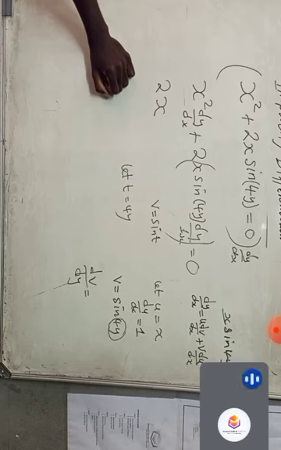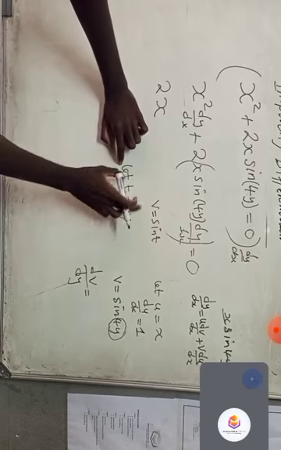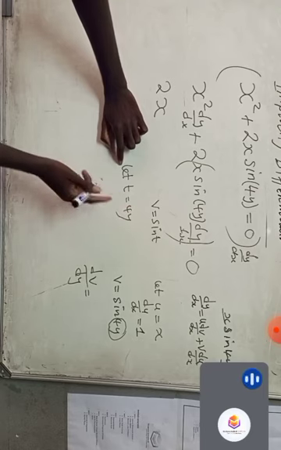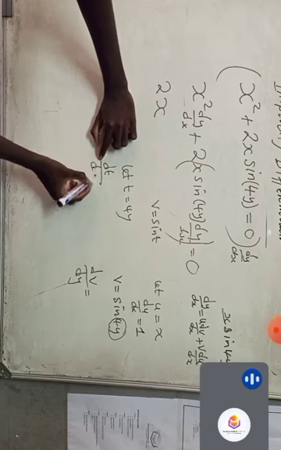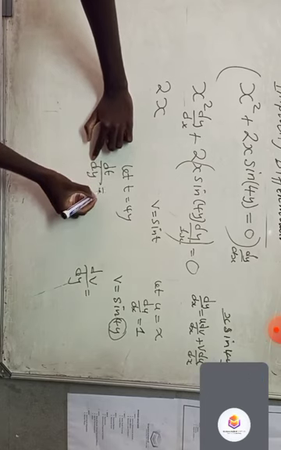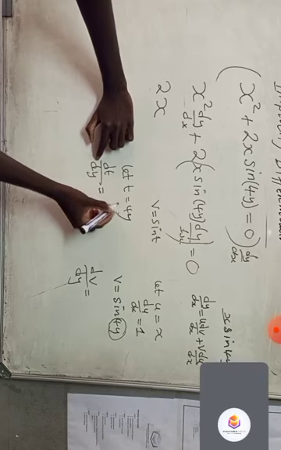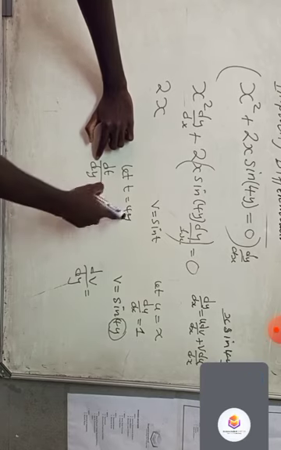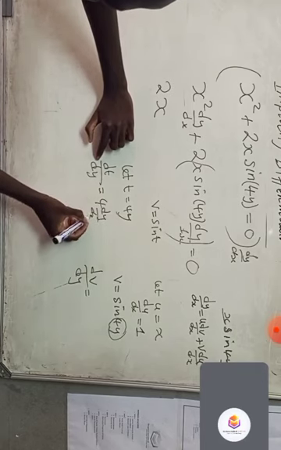Are we together? So again, differentiate 4y. We are going to say dt with respect to y. When you differentiate 4y, you are going to have 4. Since we are differentiating y, you are going to have dy dx.